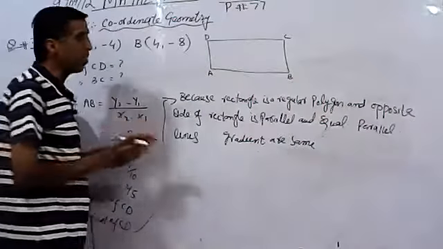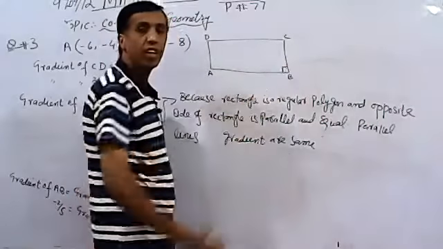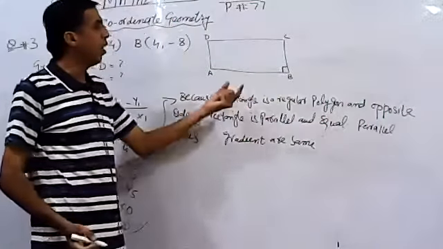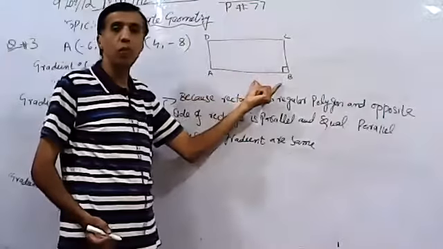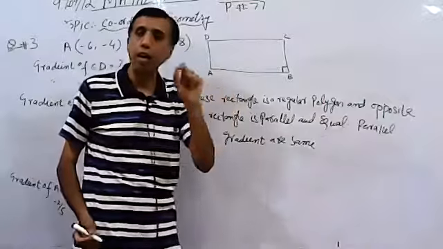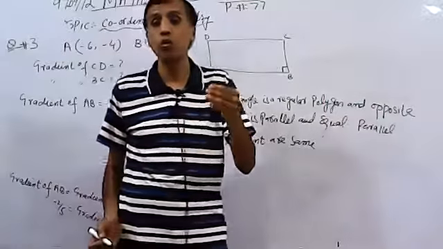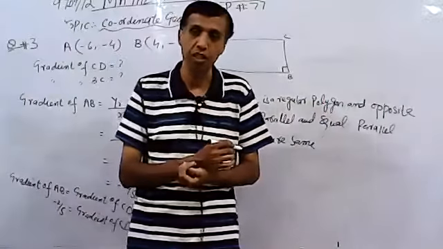If you see the rectangle here, it is a 90-degree angle. If I observe, BC is perpendicular to AB. Cambridge may use the word perpendicular or he may use these two lines are at 90 degrees to each other.